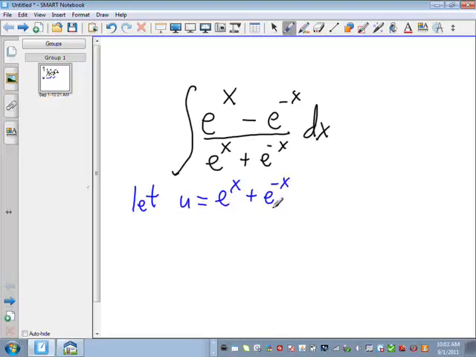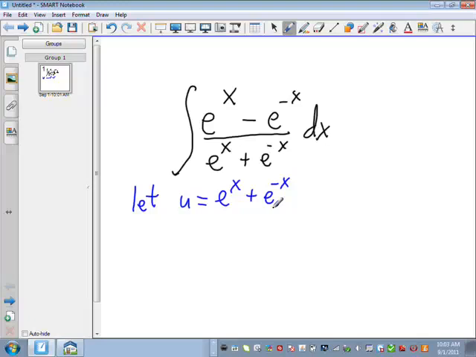Finish the rest of this. My MyMathLab problem did it a little different. It had negative x as u. That's interesting. Okay, then I'm going to definitely do it differently.